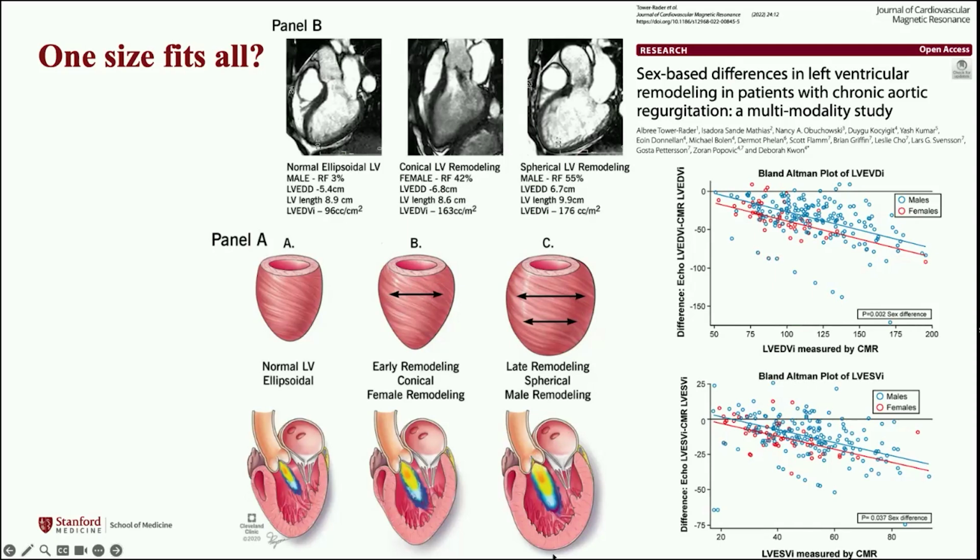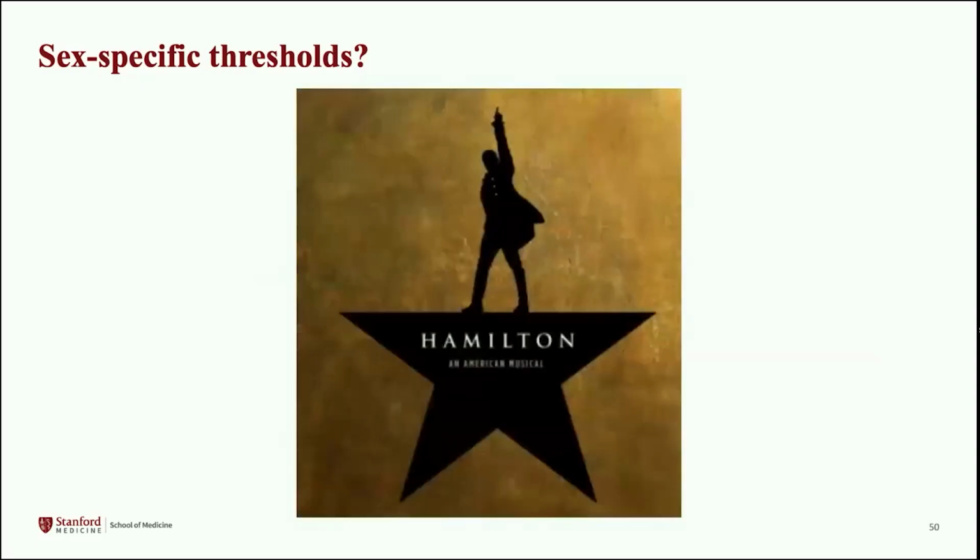Maybe we should have some sex-specific thresholds, not just MRI-specific, but sex-specific thresholds for when to intervene to move the needle in terms of outcomes for males versus females. Some would argue that as a woman with chronic severe aortic regurgitation, you get nothing if you wait for it.